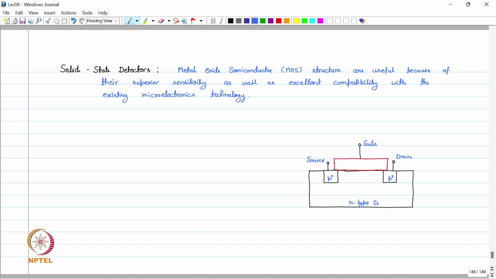Now this is a typical MOS structure, and if there is a radiation which is falling on this structure, let's say the radiation is coming from somewhere, this is radiation.